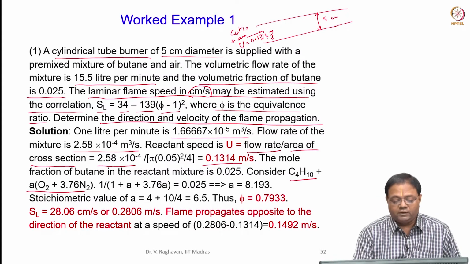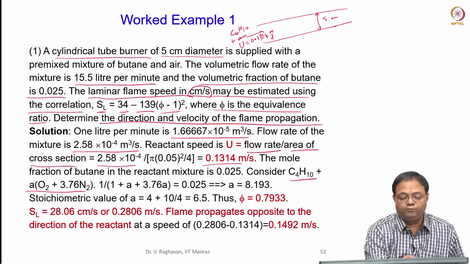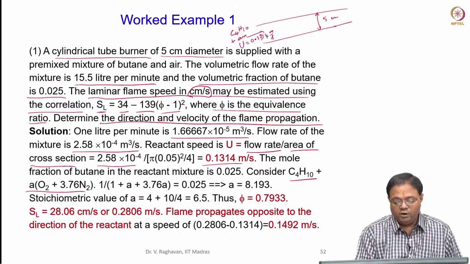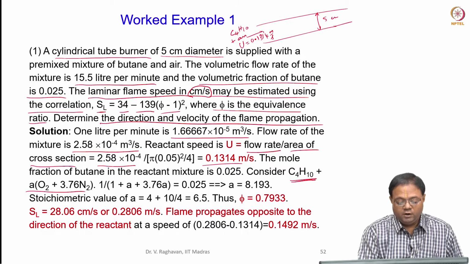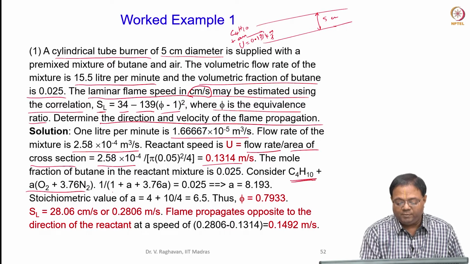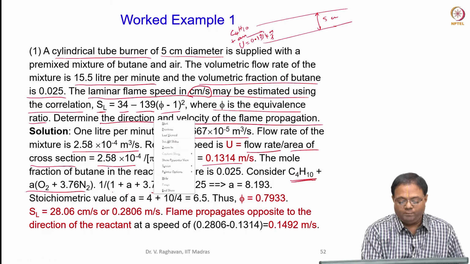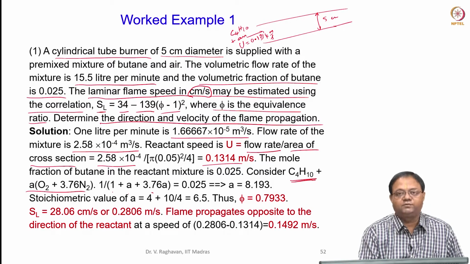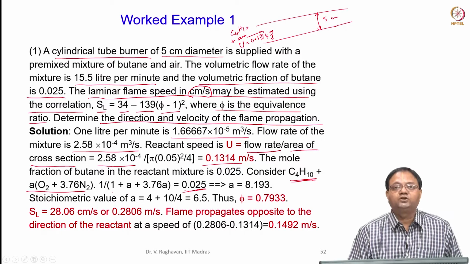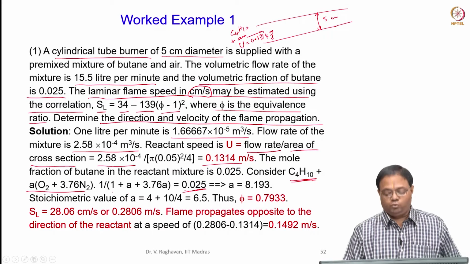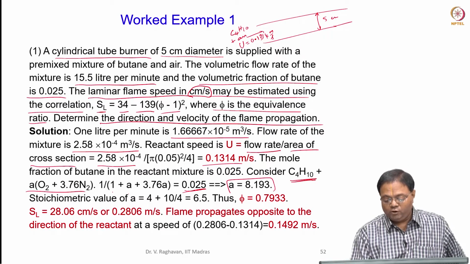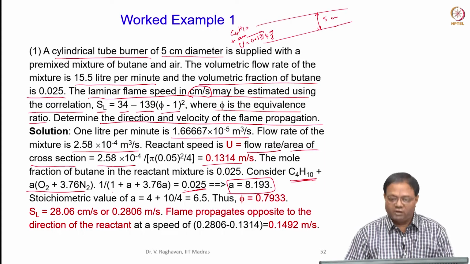The volumetric fraction of butane is the mole fraction of butane. The number of moles of butane is 1, and the total is 1 plus A plus 3.76 A. So 1 divided by (1 plus A plus 3.76 A) is 0.025, and from this A is estimated as 8.193.